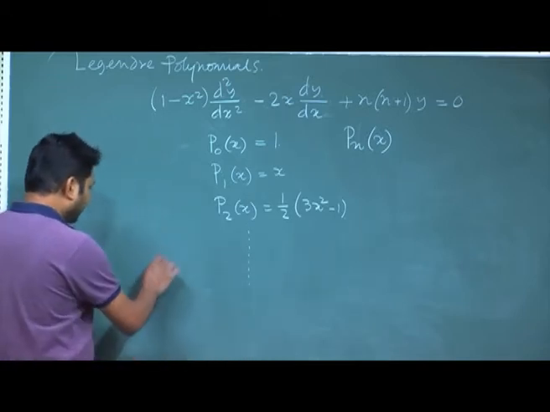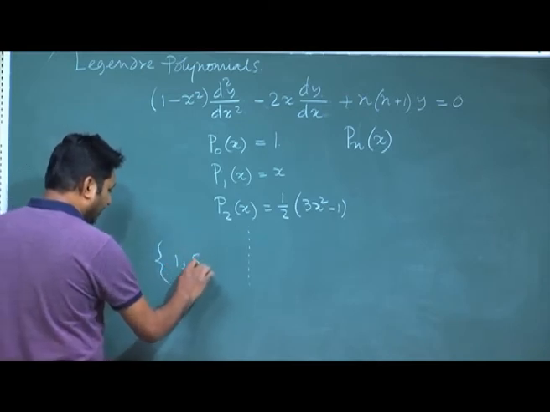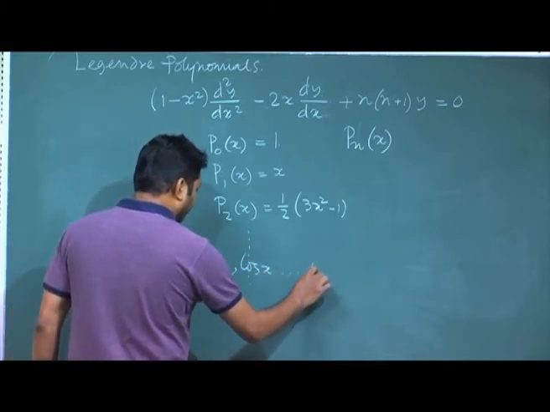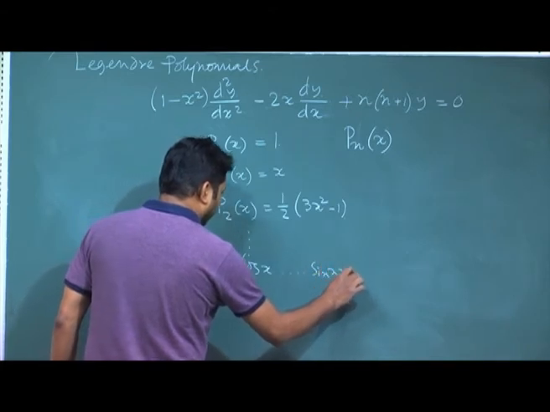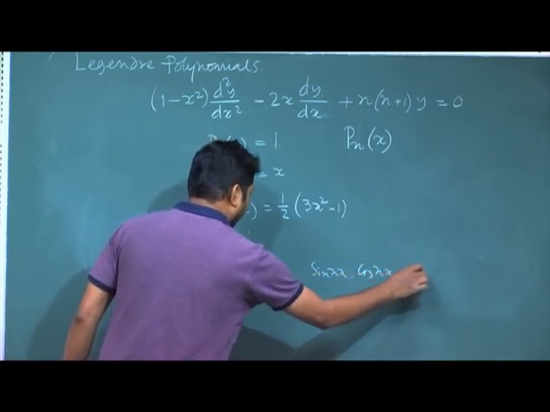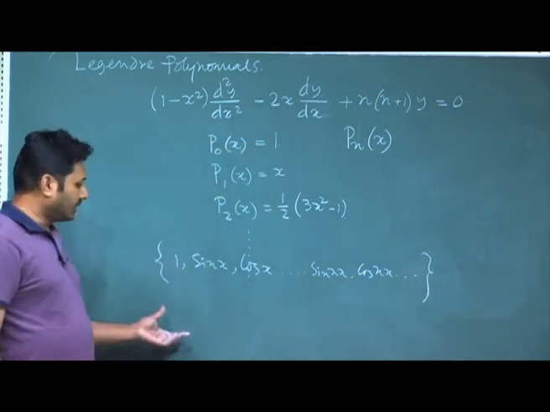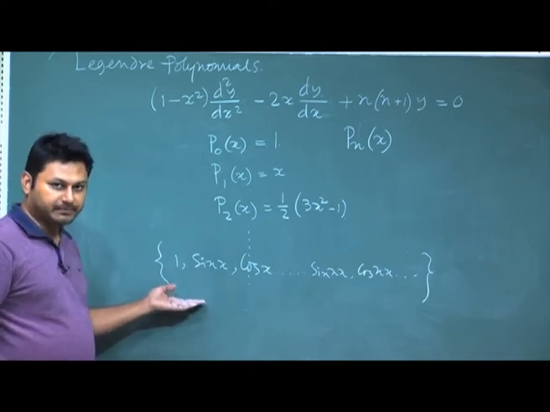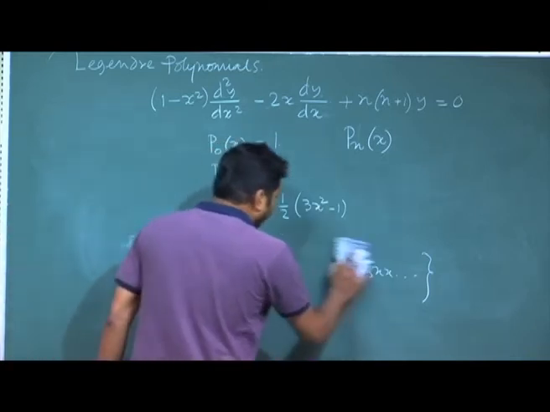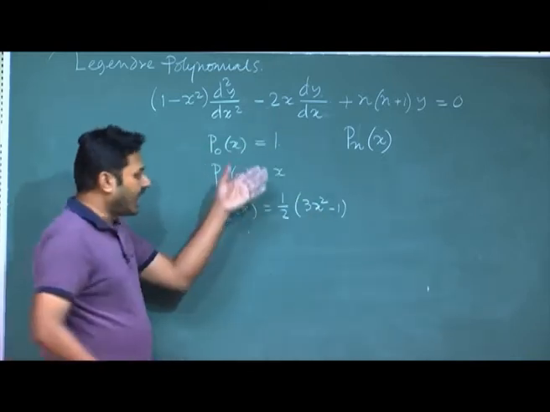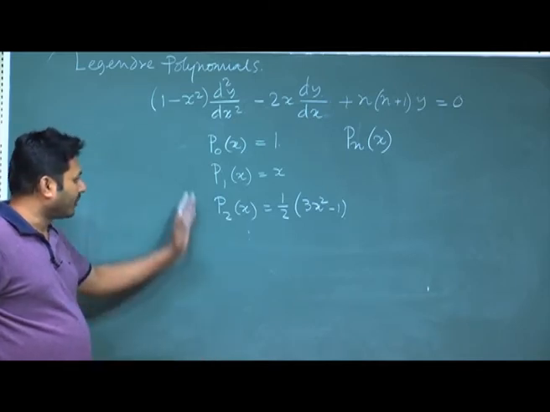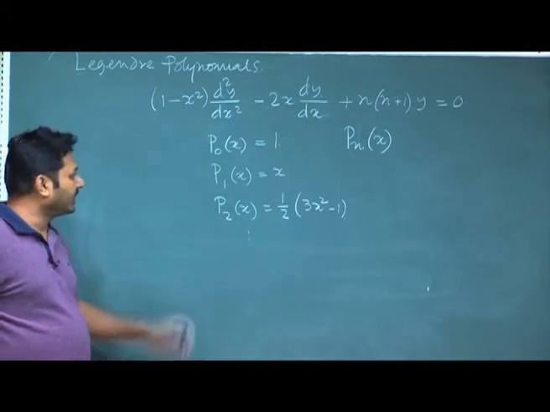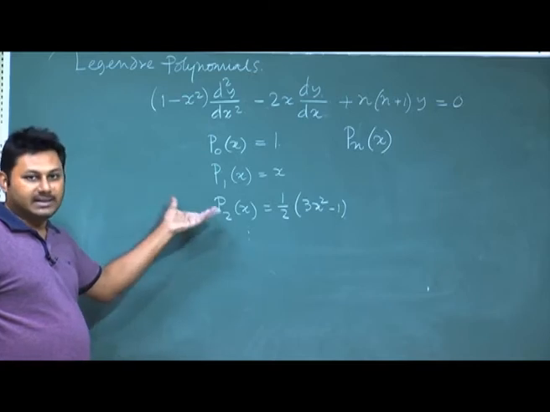If you remember, in the Fourier series, the basis functions were 1, sin x, cos x, sin nx, cos nx and so on. These were our basis sets, and I can expand a function in terms of them. Here, instead of sinusoidal functions, I have some polynomials. They can form the basis, but before that we should also learn how to get these.